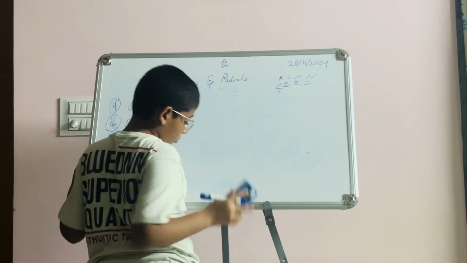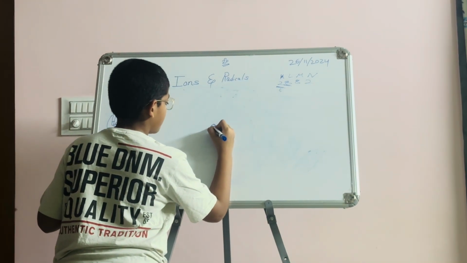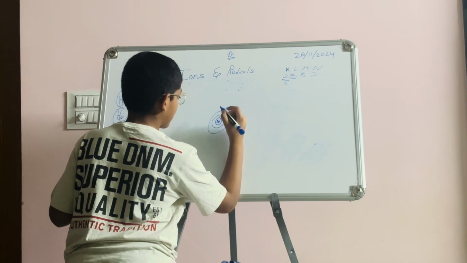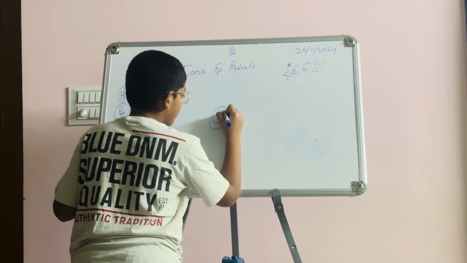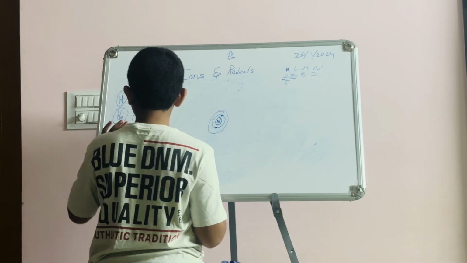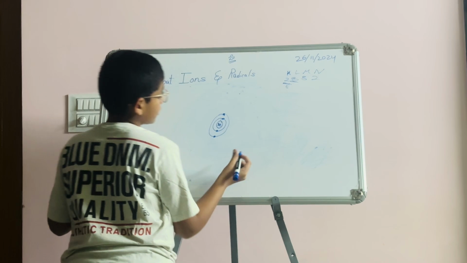Now beryllium. Beryllium has 2 electrons in its outermost shell. This is the K shell, this is the L shell. There are 2 in the K shell, but there are 4 electrons in total, so it goes to the L shell.